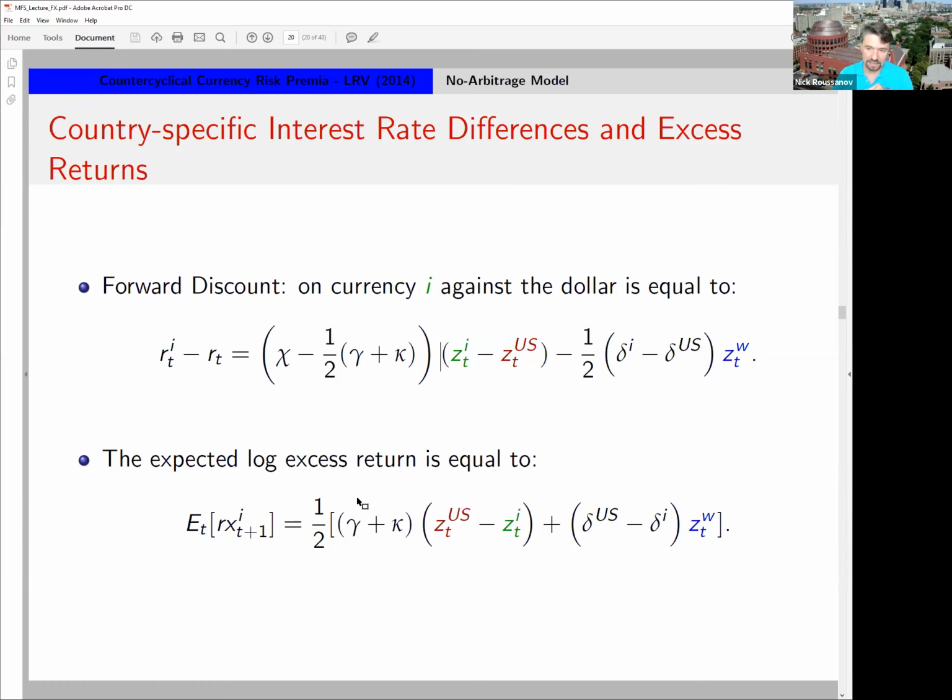Because then it will translate directly into these counter-cyclical risk premia, because of course only the risk terms matter for the risk premia. And so if this piece lines up with this piece, then you get basically one-for-one translation of the interest rate differential into expected excess return. That is in the case where these deltas are the same, and so the ZW shock cancels out.